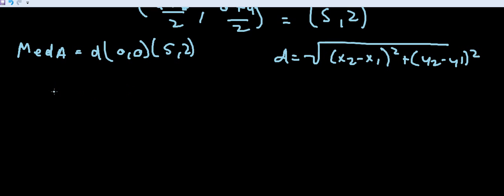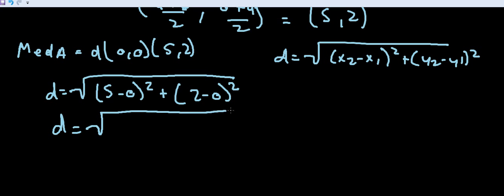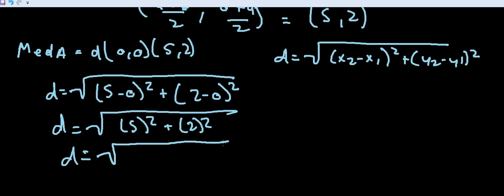We just stick in our points: 5 minus 0 squared plus 2 minus 0 squared. So the distance is the square root of 5 squared plus 2 squared, which is 25 plus 4. So the distance is equal to the square root of 29.